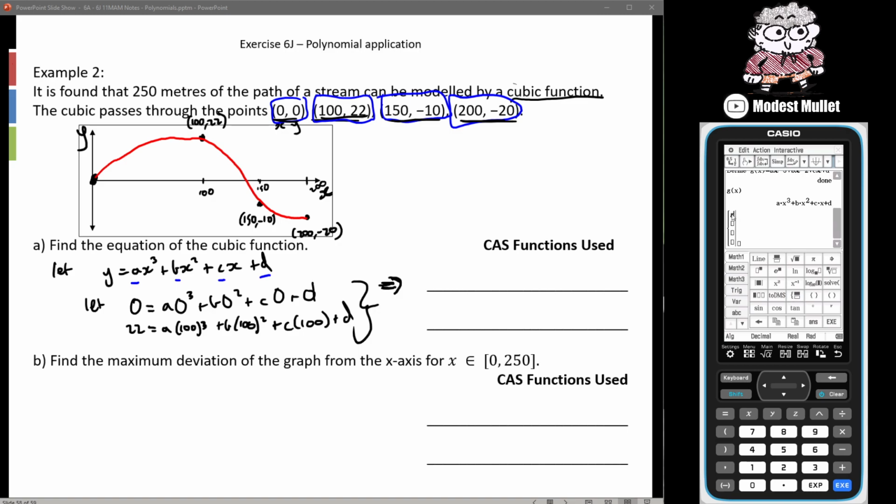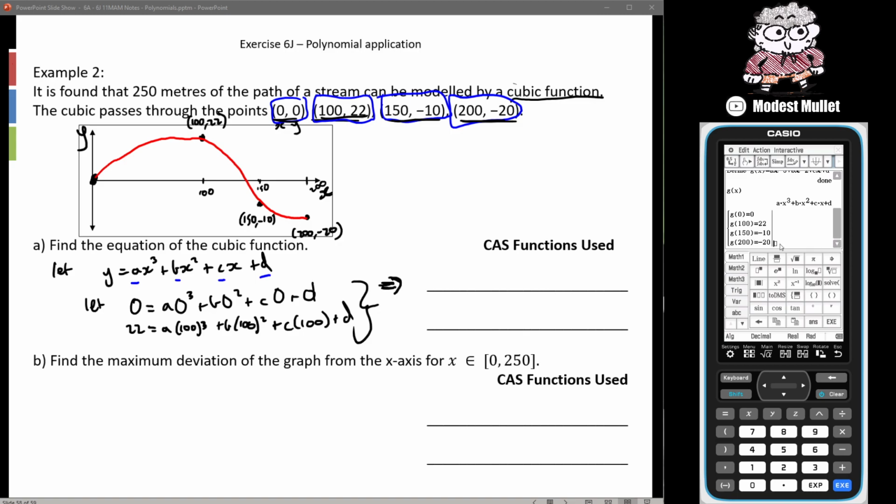And that's going to let us now enter g of 0 is equal to 0, g of 100 is equal to 22, g of 150 is equal to negative 10, and g of 200 is equal to negative 20.